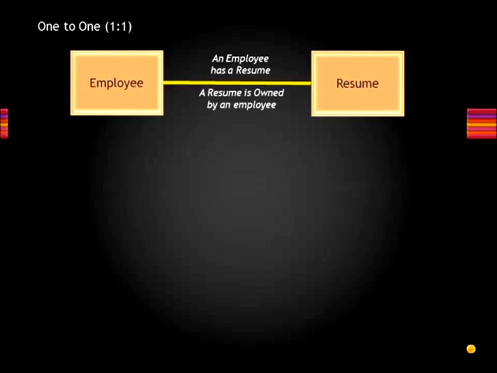This type of relationship is not technically used in normalized database design. The reason is, for a one-to-one relationship, two tables can be combined together and form a single table. In this example, resume can be a column in the employee table.